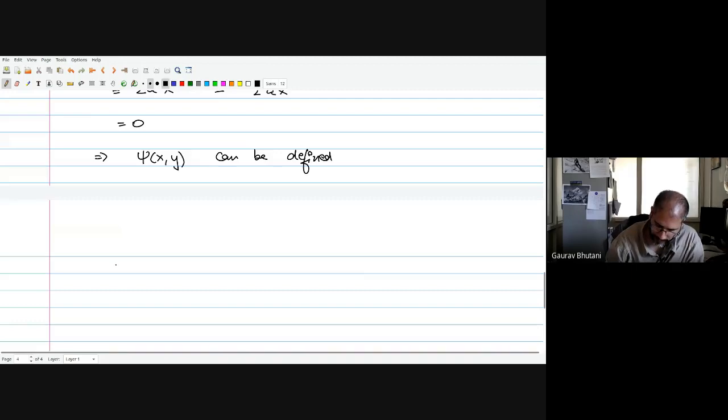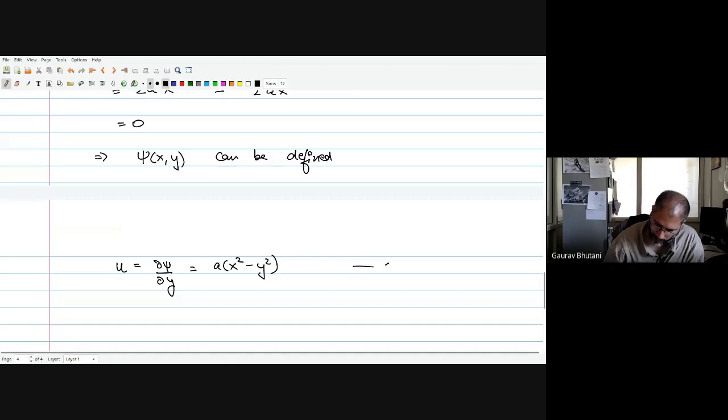So we define psi in such a way so that u is equal to del psi by del y. So this becomes, since u is x square minus y square, a times x square minus y square.